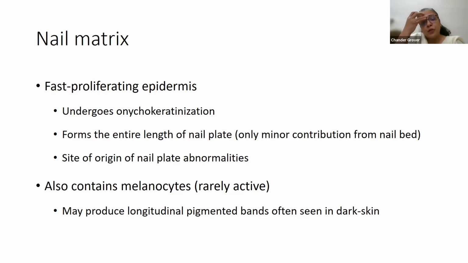Because of these fast proliferating keratinocytes in the matrix, it is also the site which is affected by drugs as well as by systemic disease. Melanocytes are also present, but they are rarely ever active. Whenever they become active, they produce melanonychia, which in our kind of skin is largely racial and ethnic pigmentation. But if there is a reason for them to become active and start producing melanin, then that reason is sufficient for us to investigate as well.